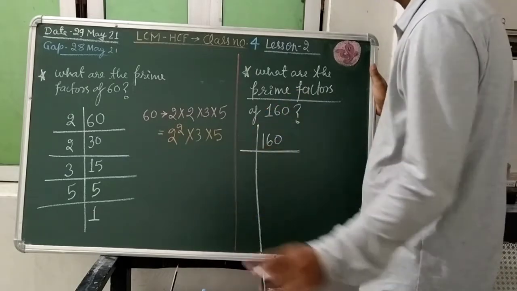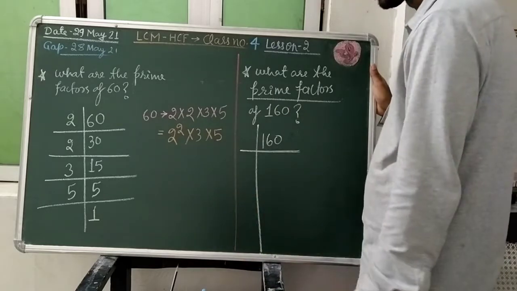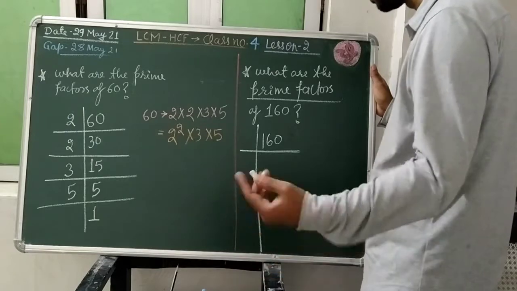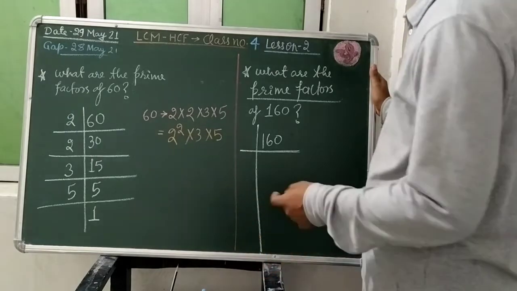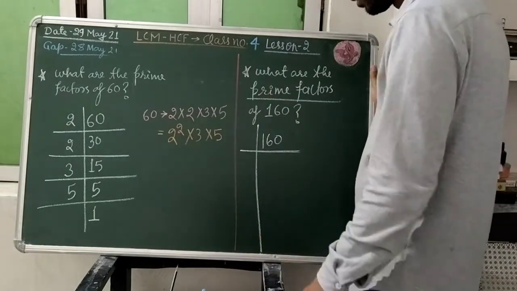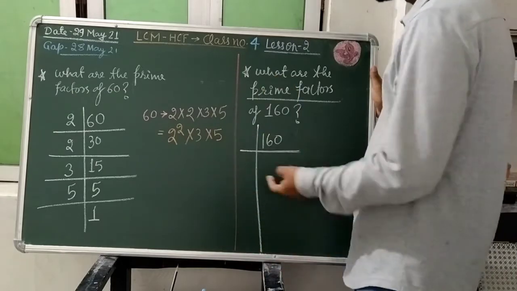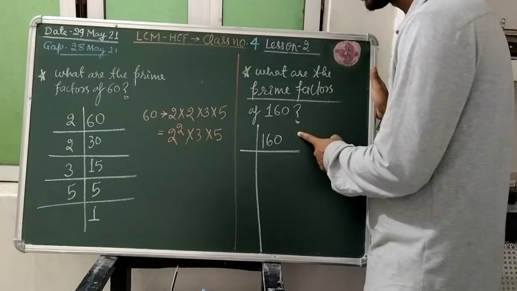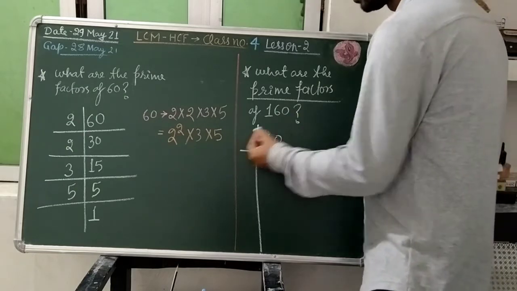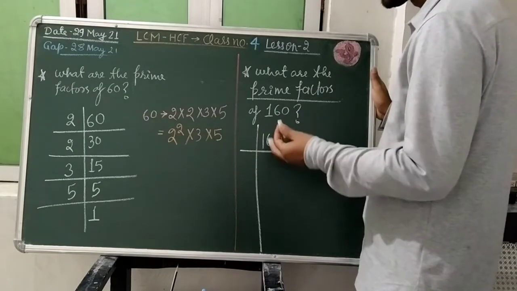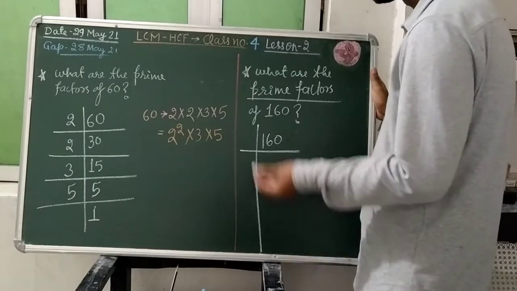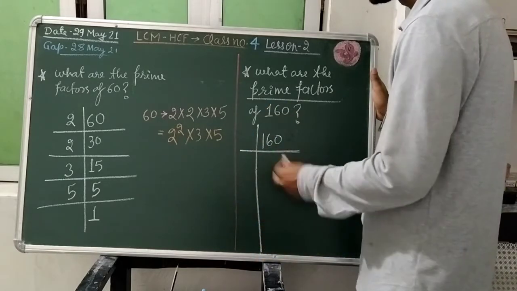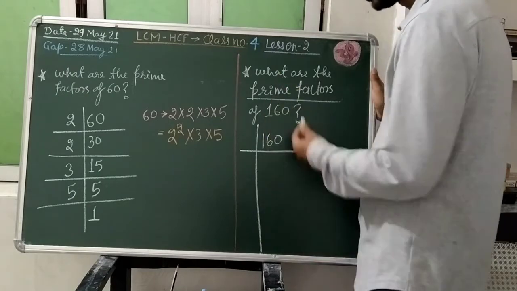So here, when we are finding the prime factor, 1 we will not select because, try to think in your mind why we are not selecting 1. We will ignore the 1. We shall start from 2. So whether 2 is going to divide this 160? Yes. If the unit place is 0 or an even number, then 2 will divide the given number.